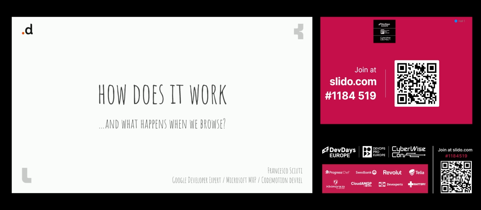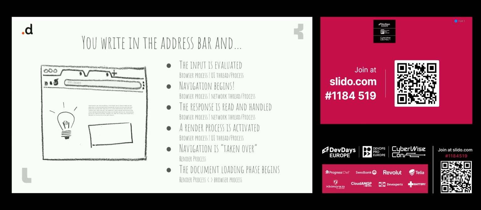Okay, so what happens when we browse? When we enter a URL or a query in the address bar, the input is evaluated by the browser process, and then it communicates with the network process or thread, depending, to execute the request, and the response is read and handled.